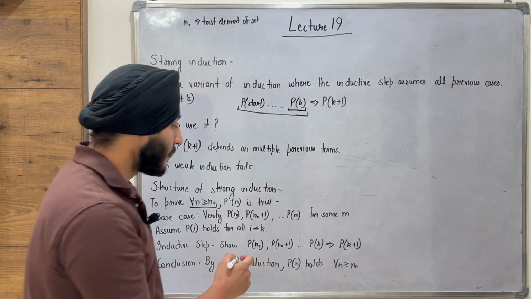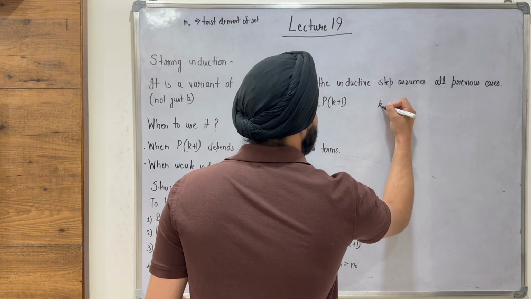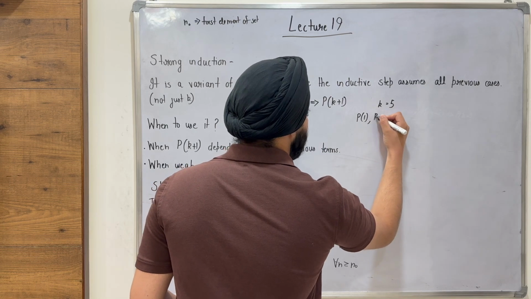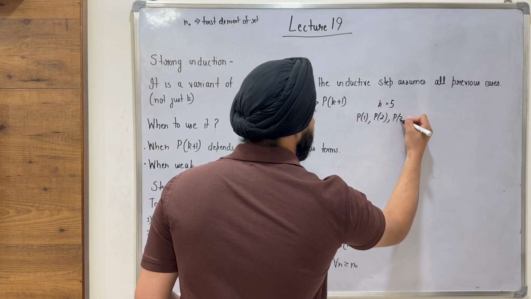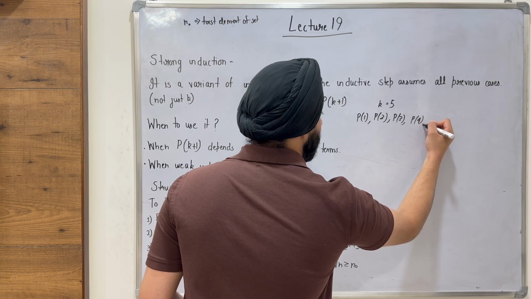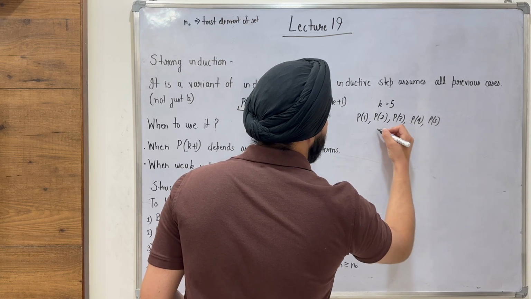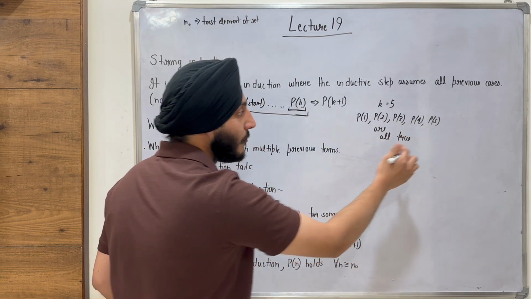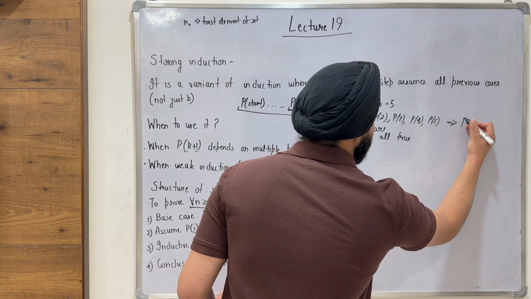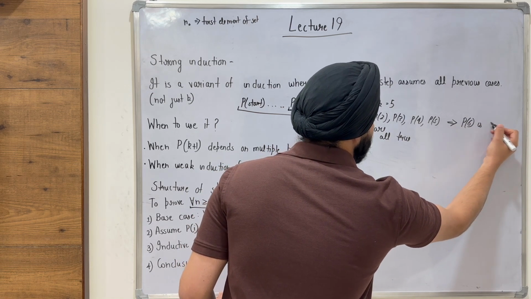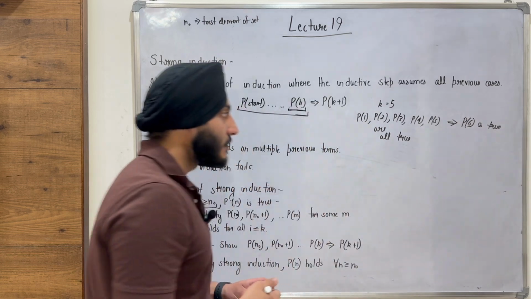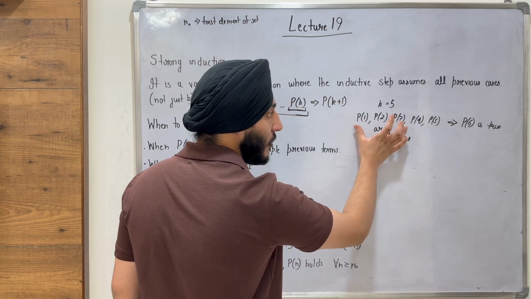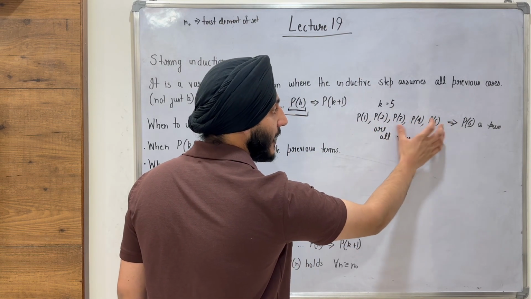A very simple example: let's say k is 5, then my assumption would be that P1, P2, P3, P4, P5 are all true. This is what I would assume in order to prove that P of 6 is true. In order to prove P of 6, I'm using all the previous assumptions up to P of 5, right?